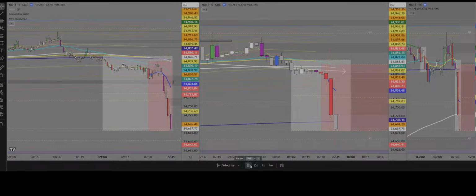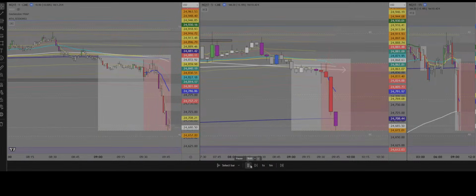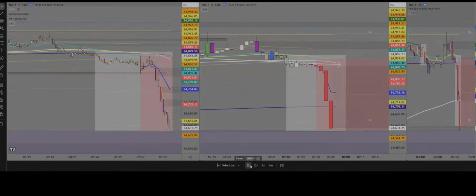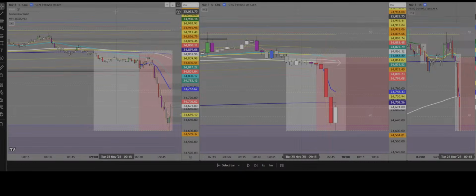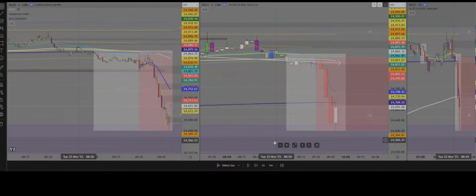Nice little dive here. Okay, so what I'm wanting to see is... Oop, too fast, too fast. Just wait. Well, I don't know if it'll let me go 15 second. No. Darn. It's not available.